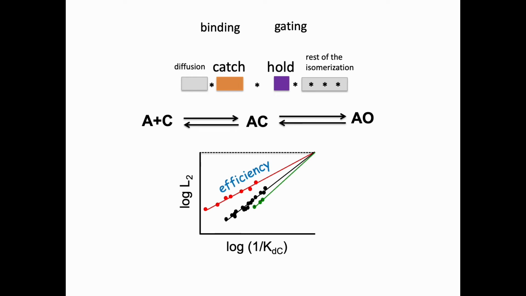So let's apply that model to our efficiency plot, which you will recall is a plot of log efficacy versus log affinity, the slope of which is related to efficiency, and each line is a discrete efficiency class. So if catch and hold are all that matters when it comes to differences between agonists, then really this plot is a plot of hold energy versus catch energy.